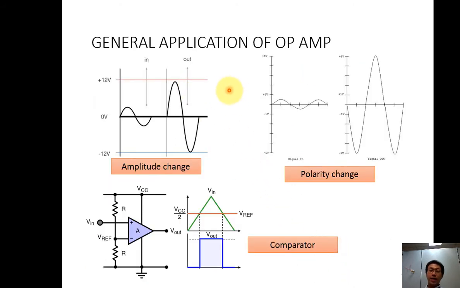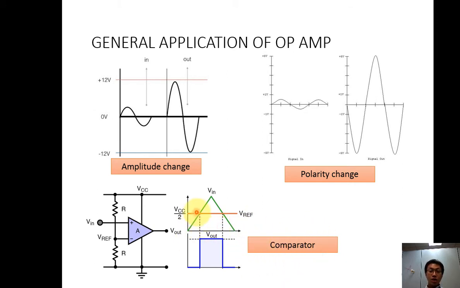General applications of op-amp. One of them is amplitude change. When the input passes through the op-amp, the signal is amplified. We can also change the polarity, from positive to negative. We also can use the op-amp as a comparator.